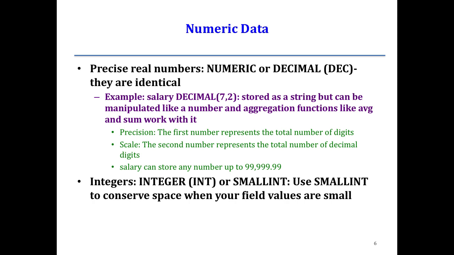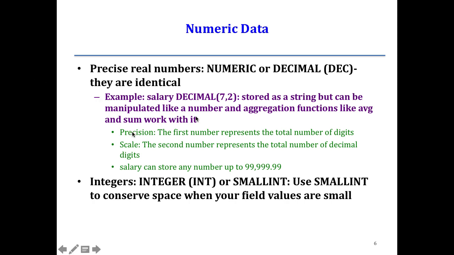Okay, so you'll often see things like salary or the price of an item represented as decimal 7,2 because you can precisely represent that value, the cents value, as a string. And then they can convert it into a number if need be.